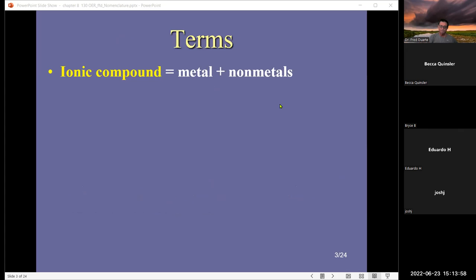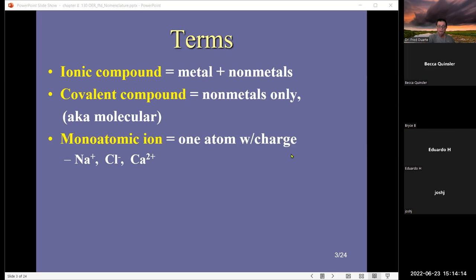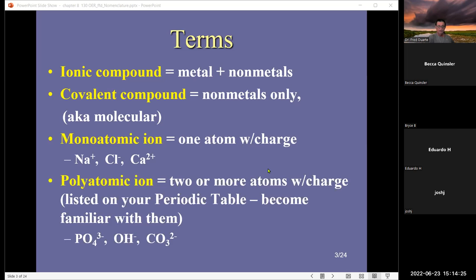All right, now, ionic compounds, combination of metals and non-metals, okay? Covalent compounds, again, a rehash, non-metals only, also called molecular compounds, okay? We have monatomic ions. These are ions that only have a charge, sodium, chloride, calcium are some examples.